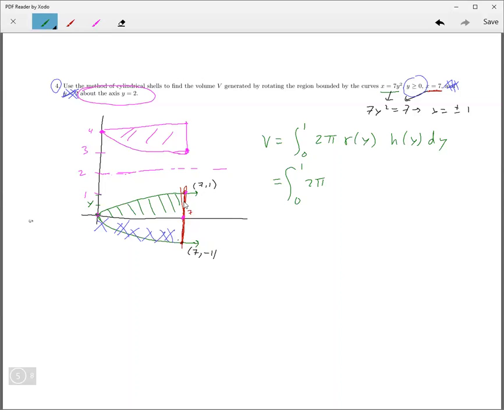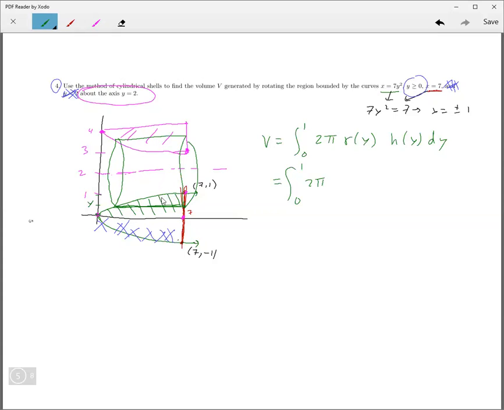If this is y right here, then we're taking this line right here and revolving that line around the axis y equals 2. I'm sorry. And this is the cylinder that we're looking at.